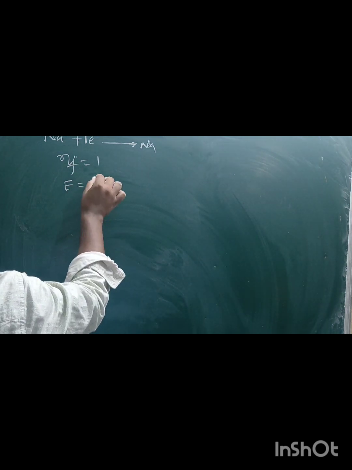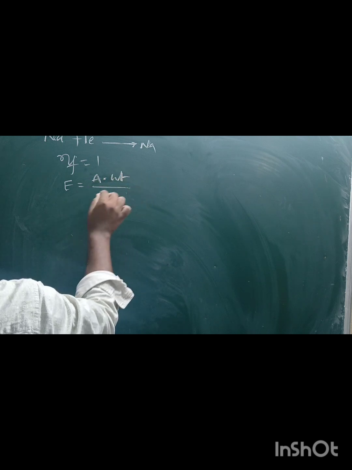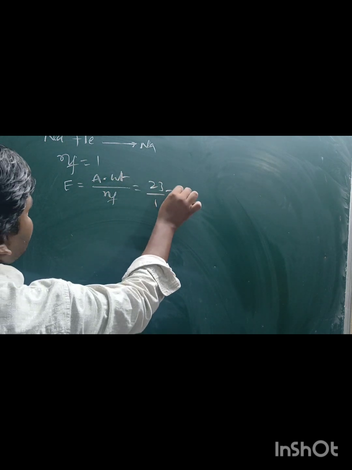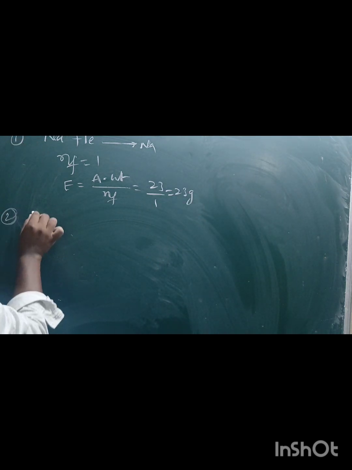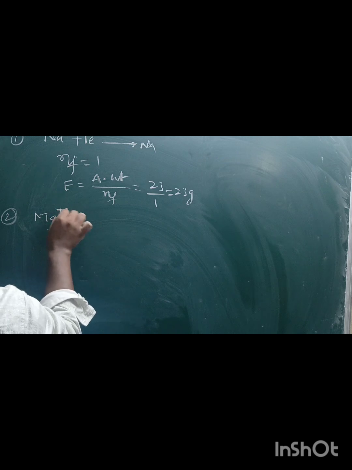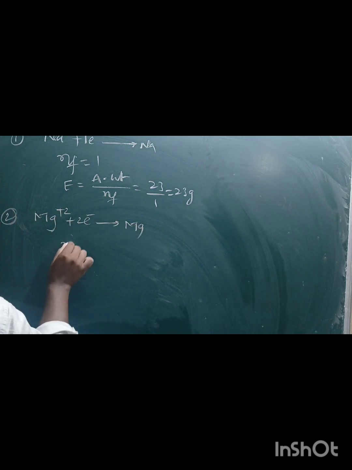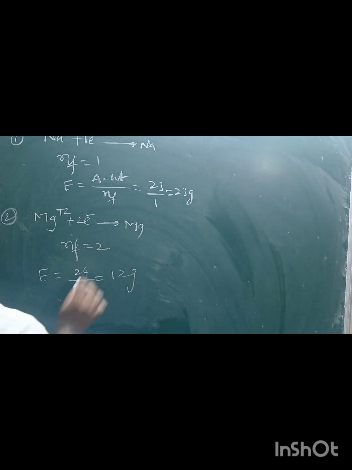Equivalent weight is atomic weight of sodium by n factor, 23 by 1, which is 23 grams. The second example: magnesium plus 2 gains 2 electrons to form Mg. Number of electrons involved is 2. Equivalent weight is 24 by 2, which is 12 grams.